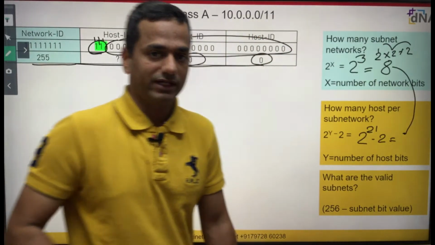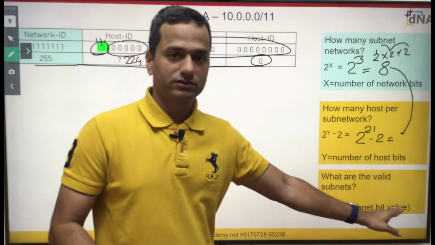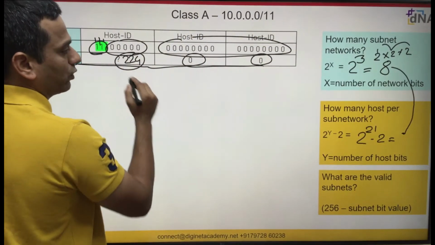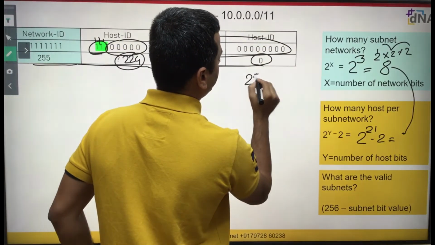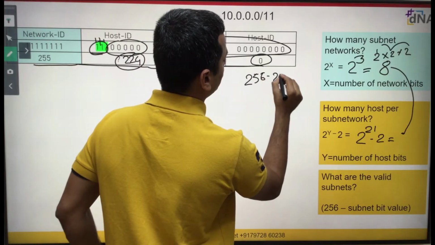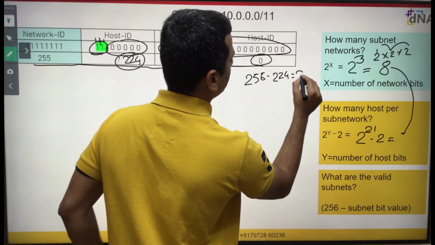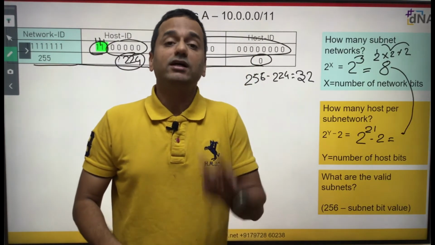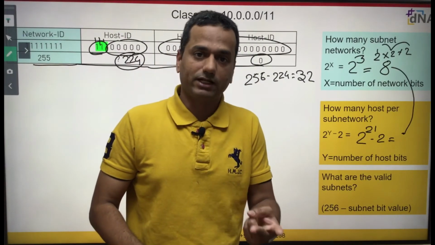So what are the valid subnetworks? Simple: 256 minus whatever subnet mask you have, 224. 256 minus 224 is equal to 32. So there will be an increment of 32 in which octet? Second octet.